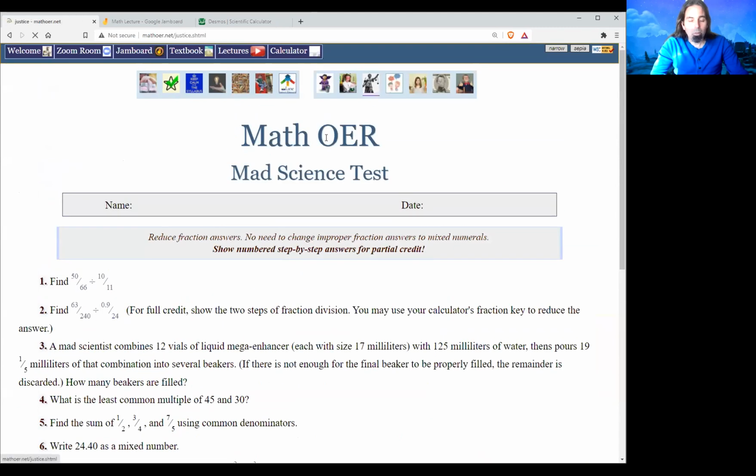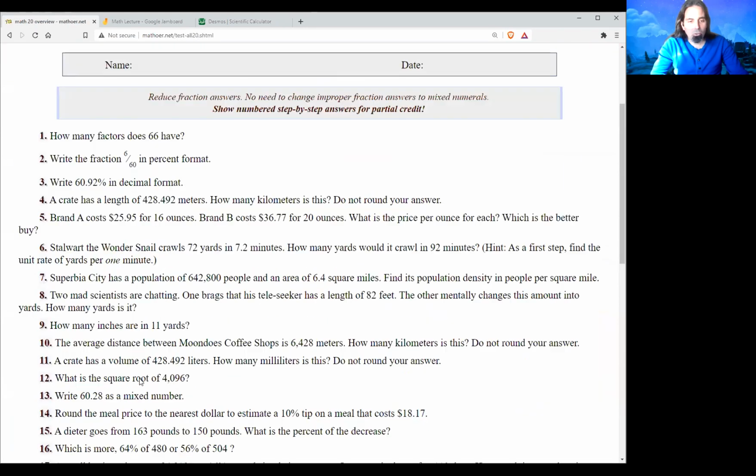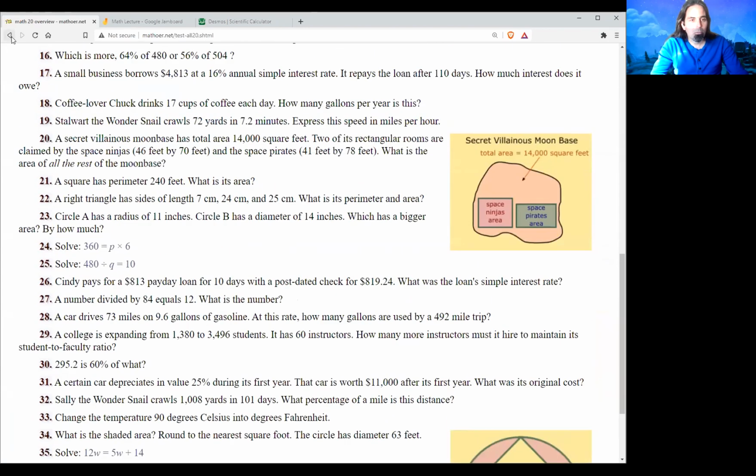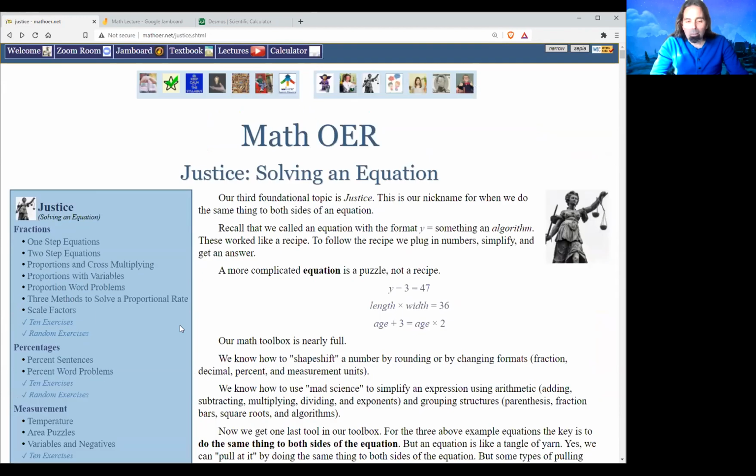So your goal is by finals week, because the final is just these put together, right? Math 20 overview. I should also rename that level C overview. That's just all 3 of those put together. Very familiar. So try those and see. Bring homework questions and practice test questions starting next week. And in fact, I will just change that right now. That's rude to call it Math 20 when we're level C.